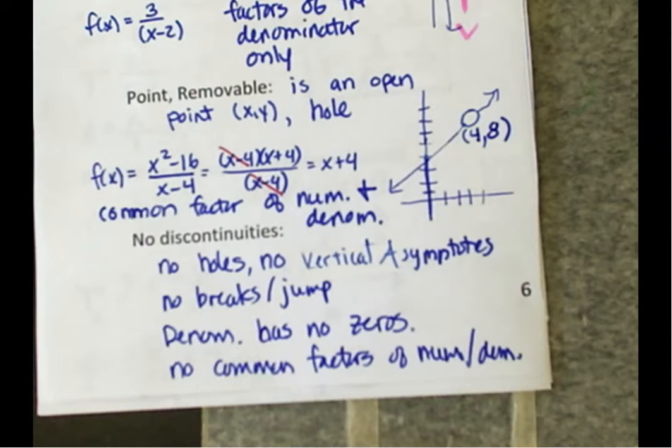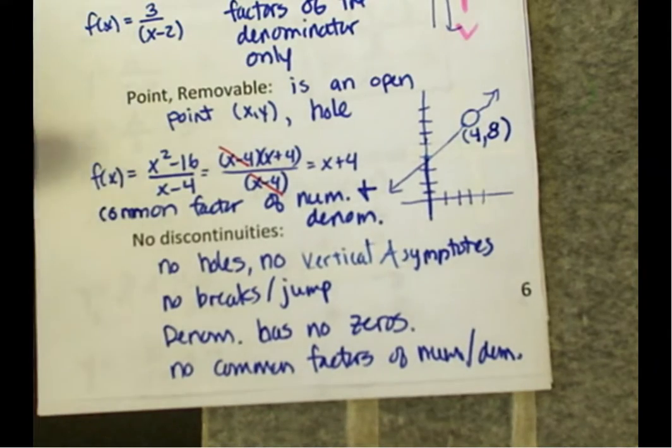No zeros of the denominator, and no holes, no common factors of the numerator and denominator. That means that there are no discontinuities. Depending upon the graph, yes. Could be polynomial, quadratic, absolute value. There are some ratios of polynomials that will have no vertical asymptote and no holes. It could happen. That's maybe the day 3 graphing.